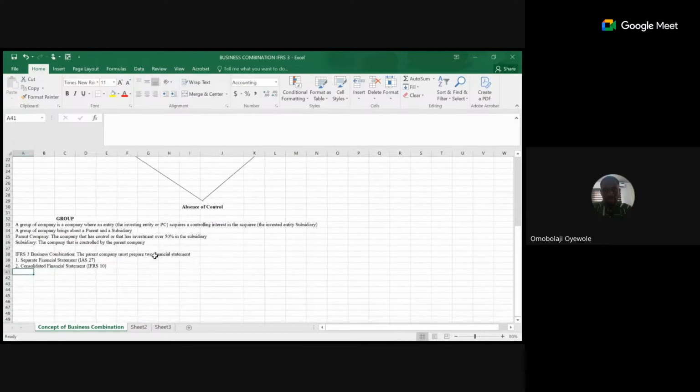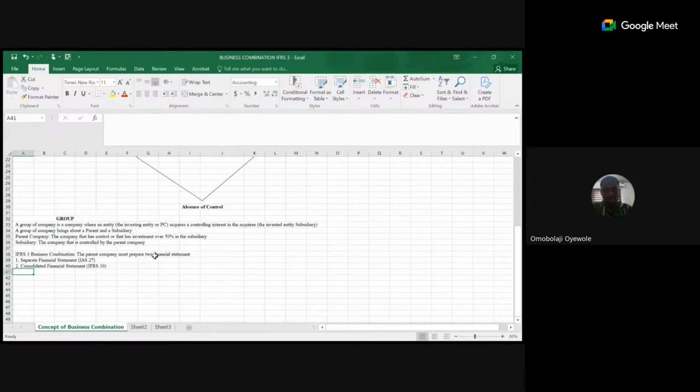So we are now saying what is the provision of the standard, that's IFRS 3, on the business combination. Anytime a business combination exists, the parent company must prepare two financial statements.